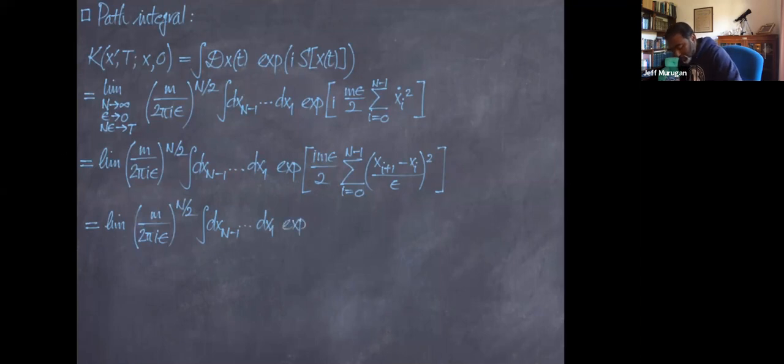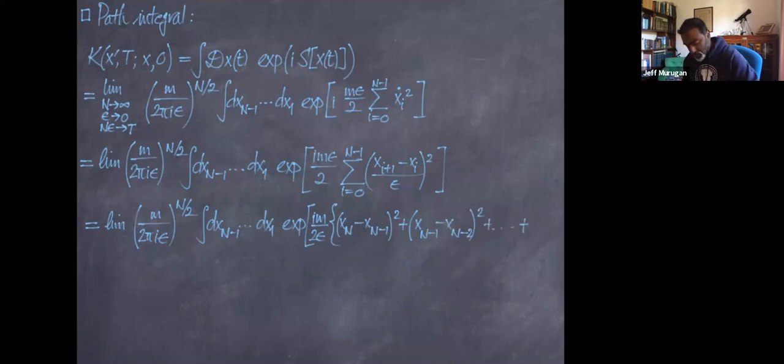And I take the exponential of i m over 2 epsilon times (x_n minus x_{n-1}) squared plus (x_{n-1} minus x_{n-2}) squared, and this goes all the way through to (x_1 minus x_0) squared, like that.